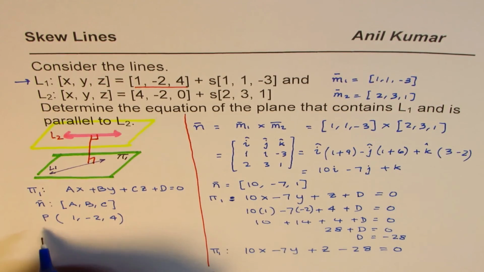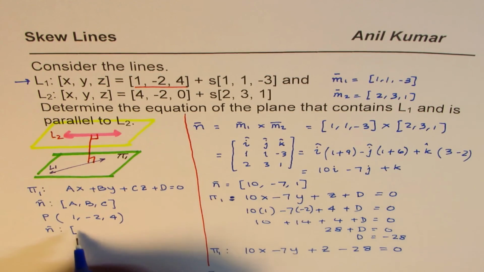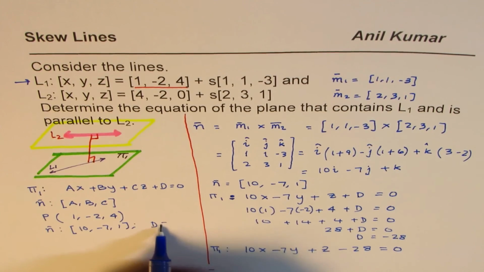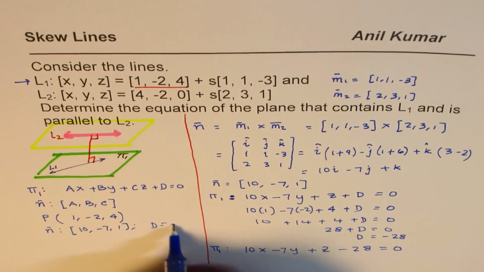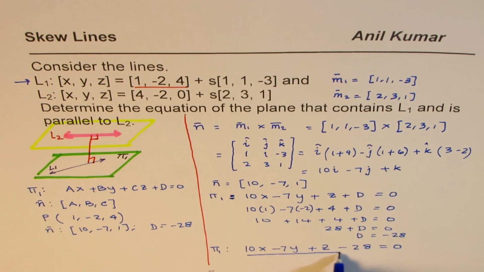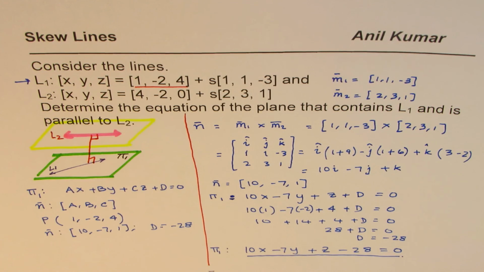In the given condition, we found the normal to be (10, -7, 1) and we found d to be -28, and so the equation is as written here. So I hope the steps are absolutely clear, and in this example you get an idea of skew lines and how to get equations which will relate them.